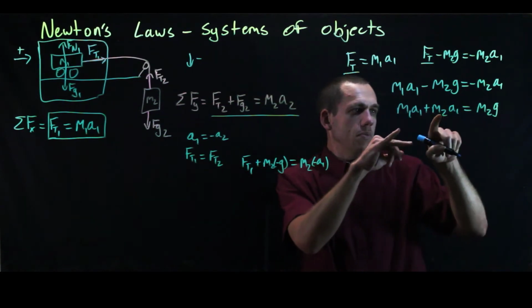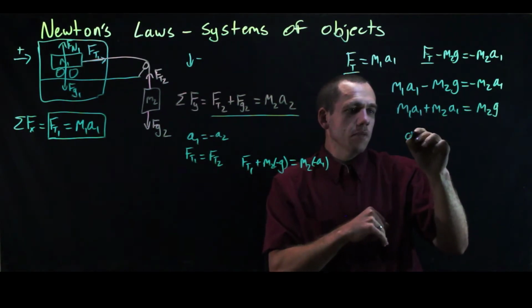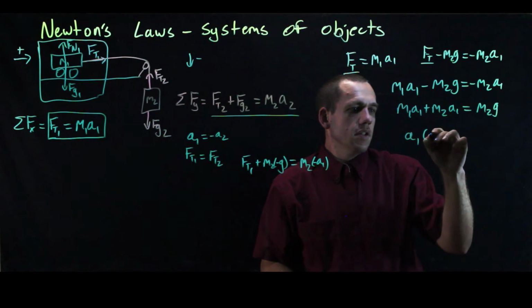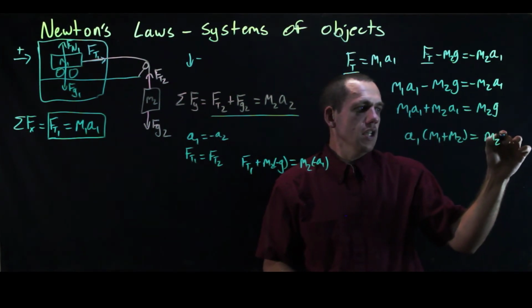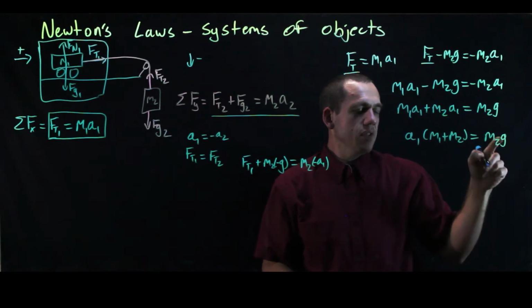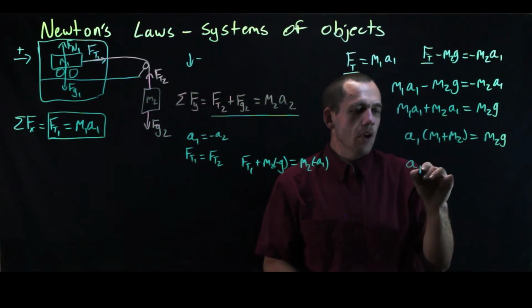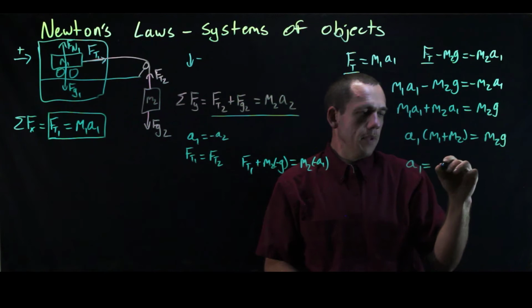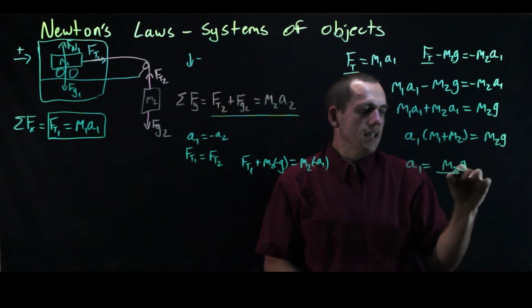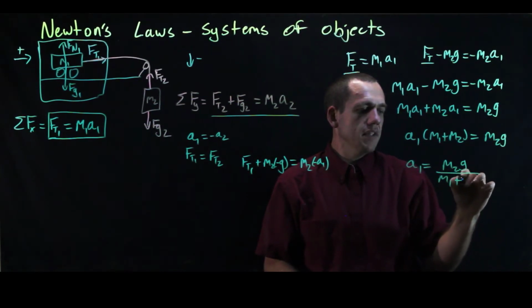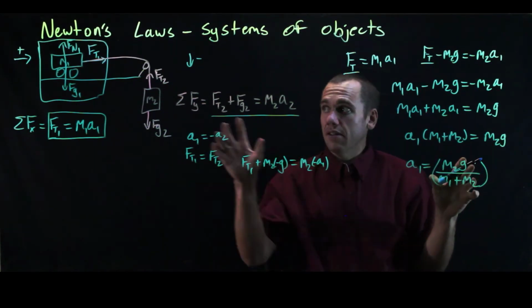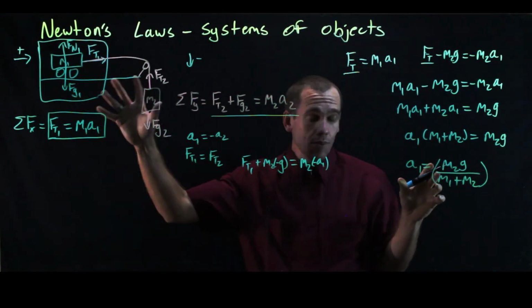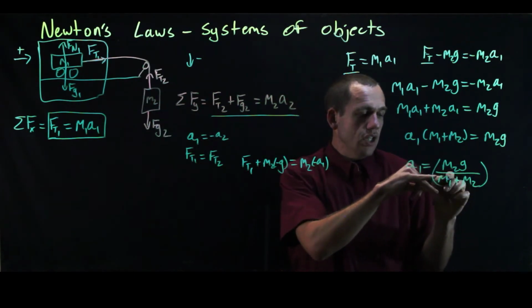Now I'm going to factor out that a1, so a1 times m1 plus m2 equals m2g, and now I'm going to divide both sides by m1 plus m2. So a1 equals m2g divided by m1 plus m2.